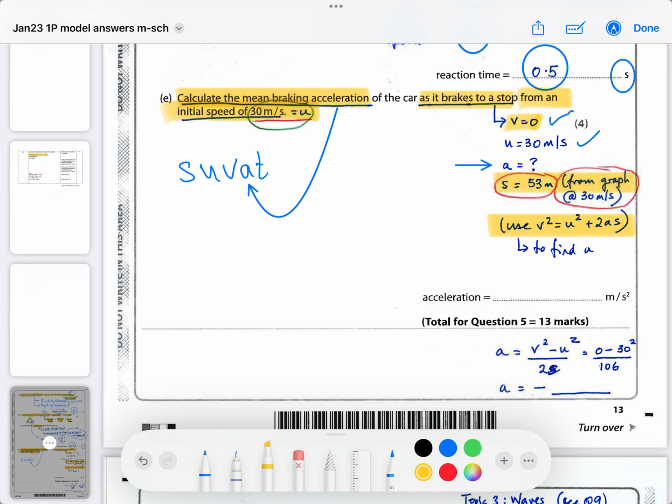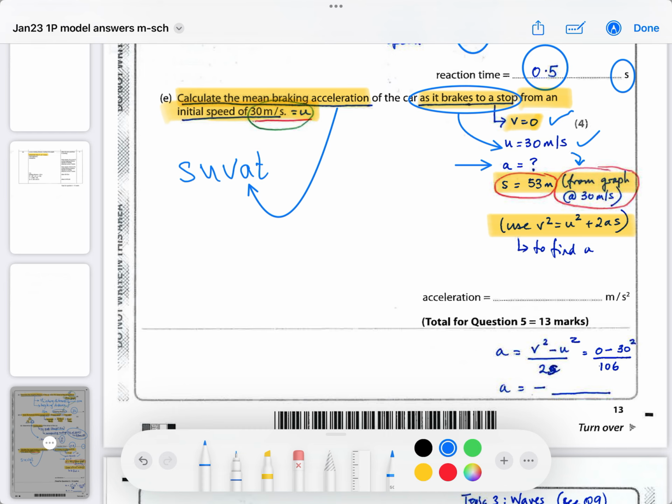Which graph are we talking about? We're talking about the braking graph, because we're talking about as it brakes. So the graph you need to look at, at 30 meters per second, is the curved graph.